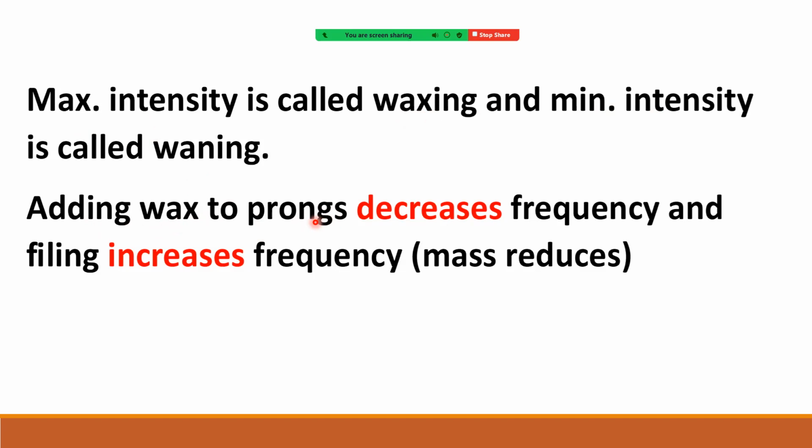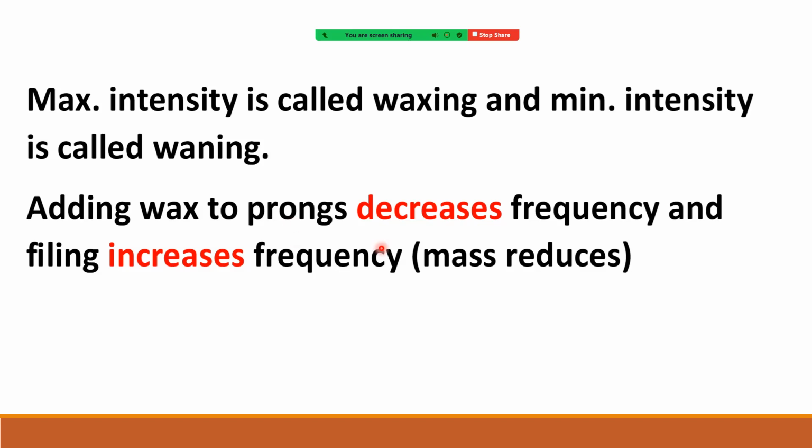For the prongs of a tuning fork, if we add wax, then since mass increases, they vibrate with less frequency. So frequency decreases. I am repeating: if we add wax to prongs, the weight, meaning the mass of the prongs, increases, so they vibrate with less frequency.